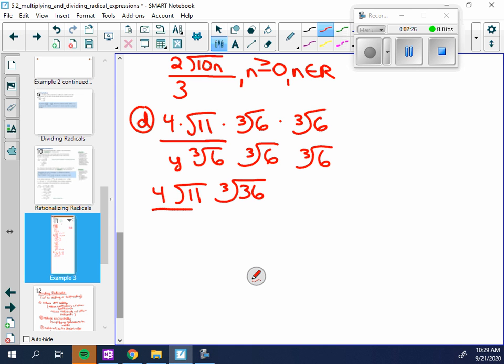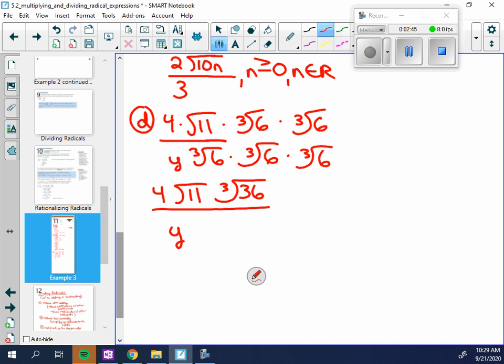Okay, on the bottom, I'm multiplying all these things out. This one's got a y in front, this has got a 1 in front, this one's got a 1 in front, and so when I multiply all those together, this would be a y. They're all cube roots, so I can multiply them all together: cube root of 6 times cube root of 6 times cube root of 6.